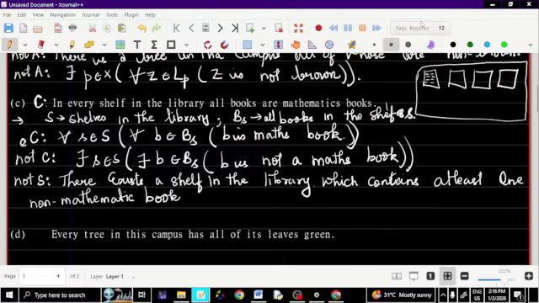Okay, so in the original statement both the quantifiers were universal. So in the negation both the quantifiers will be existential, as you can see.